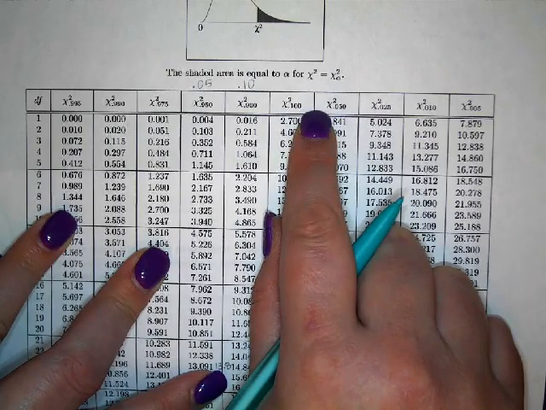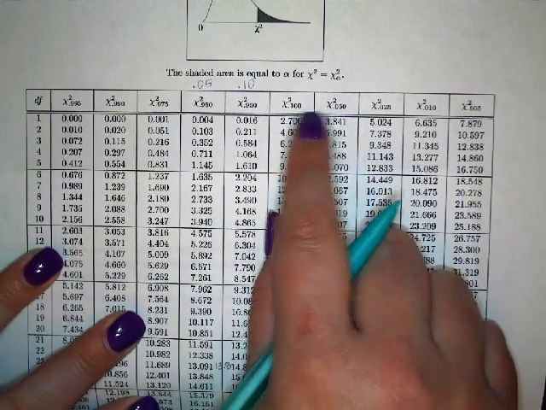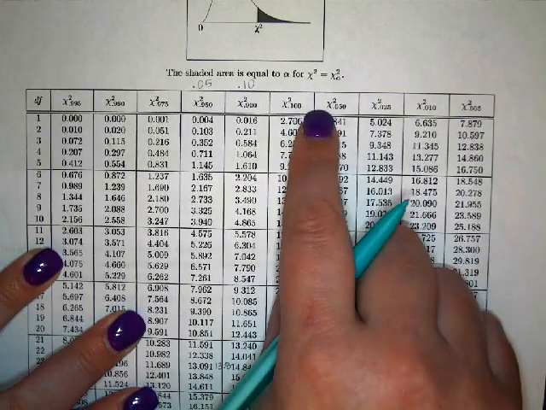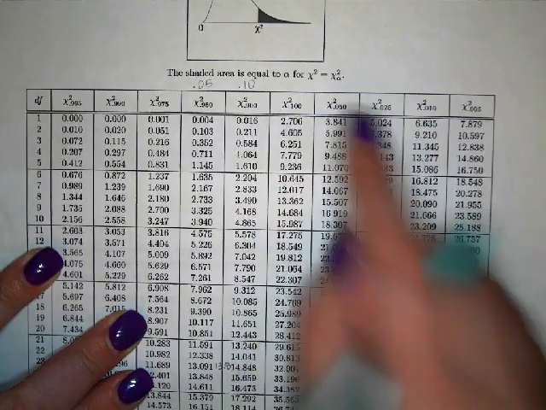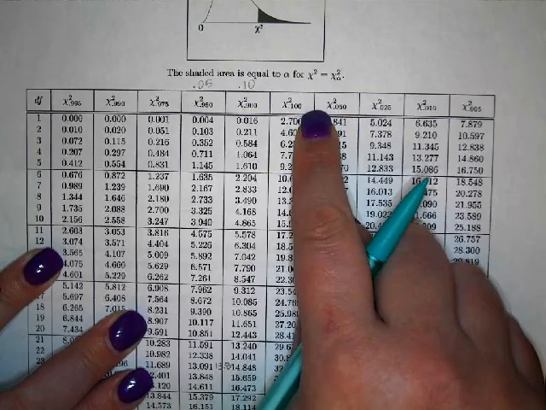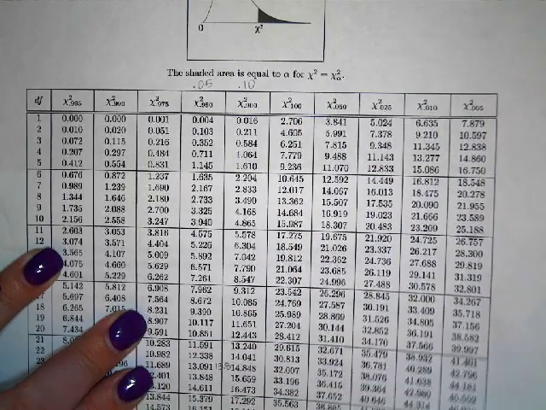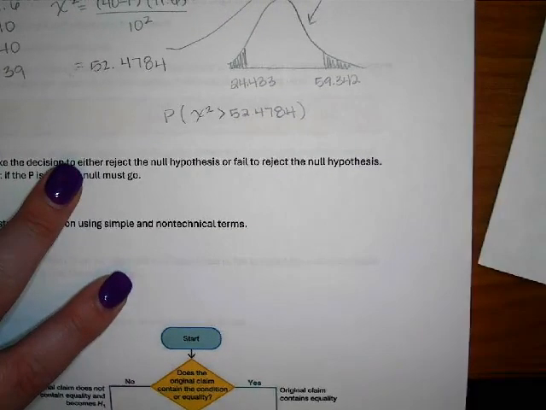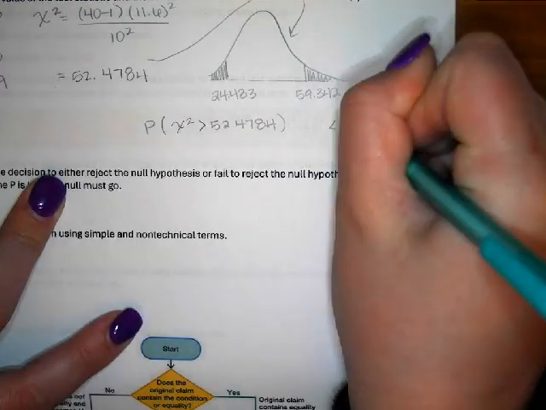Sorry, I misspoke. I don't have to divide those in half. It's in between 0.10 and 0.05. So you can see that it's getting smaller as we look over here. So 52.5 is in between a value of 0.10 and 0.05. So my p-value is in between 0.10 and 0.05. Okay, so I'm going to write that down. My p-value is between 0.10 and 0.05, and I'm going to write it like this so I have the smaller value on the left and the larger value on the right.